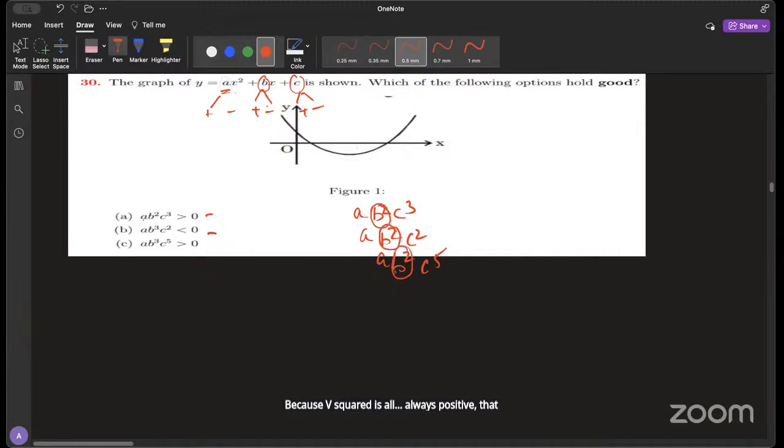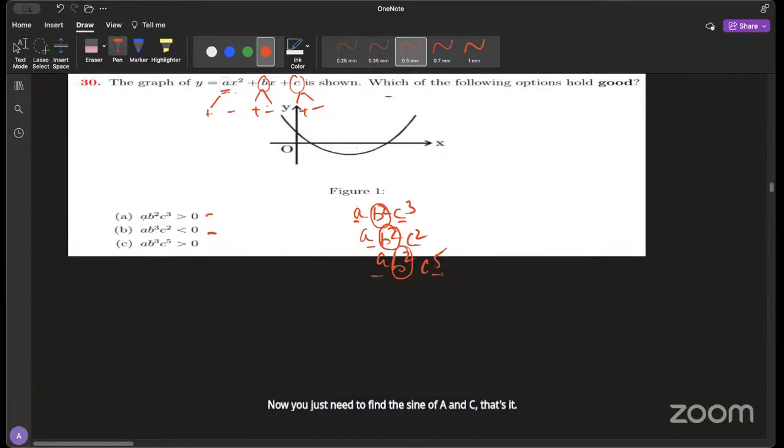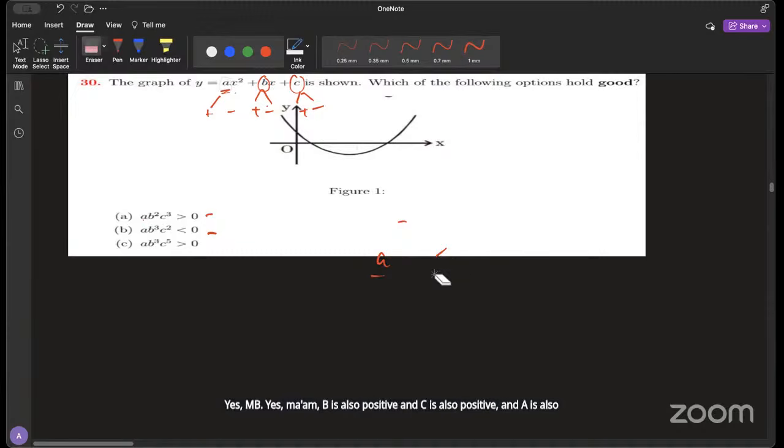That means you don't need to find the sign of B, just the sign of A and C.